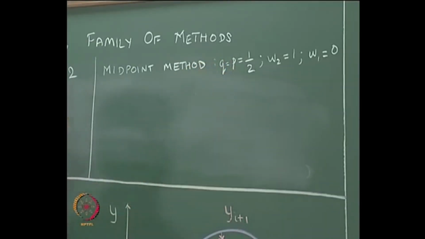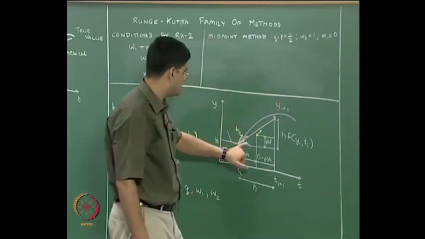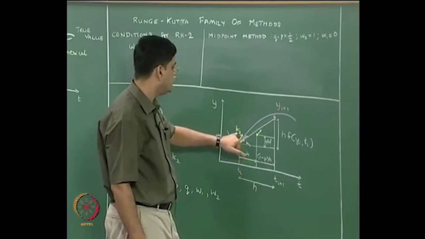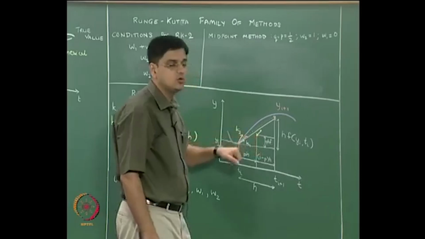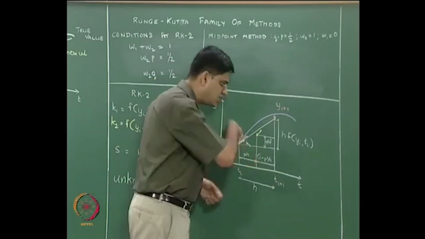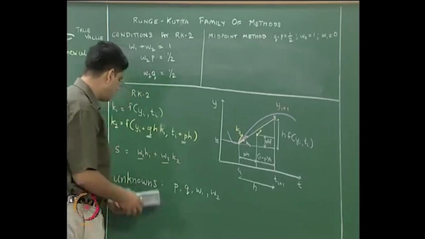So Q is going to be equal to P is going to be equal to half. So the midpoint method that we talked about yesterday was that we discard the K1 completely, we only use K2, okay, and we are calculating K2 at the midpoint between Ti and Ti plus 1. That was the midpoint method that we obtained.